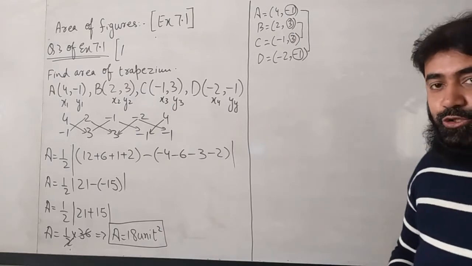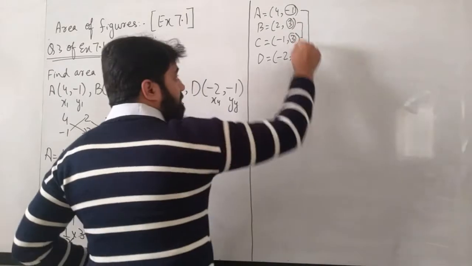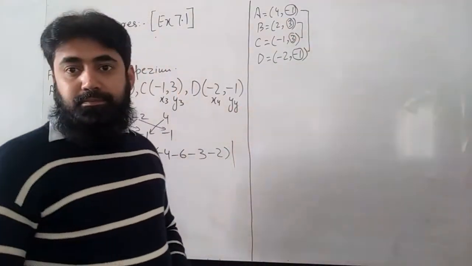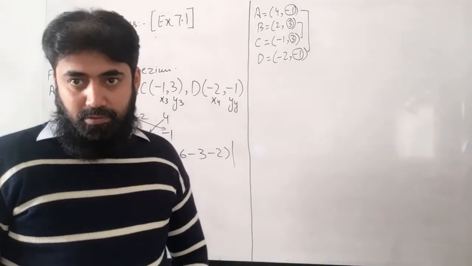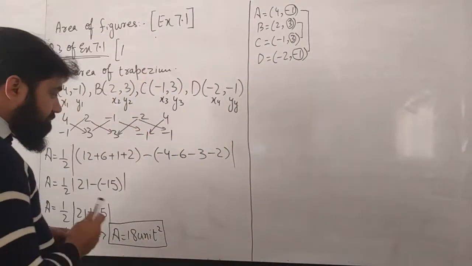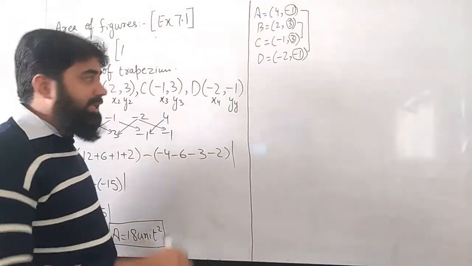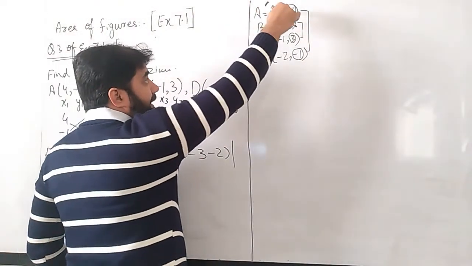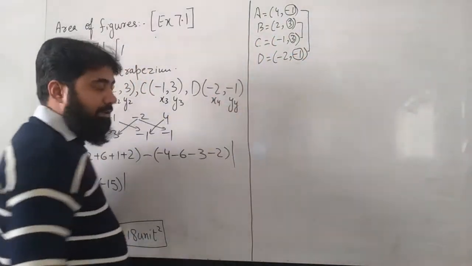So what does it show? Basically it means the repeated ones are on the same line and the other set of repeated ones are on the same line. Okay. So if I draw a rough diagram, just a rough sketch, I am not saying it should be like that. So A and D have repeated values and B and C have repeated values.